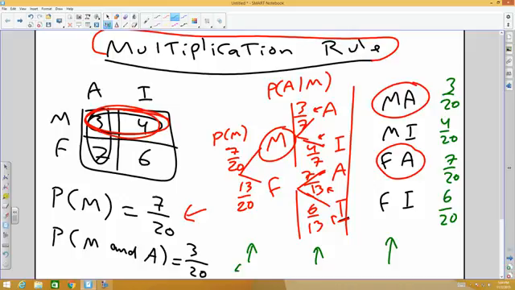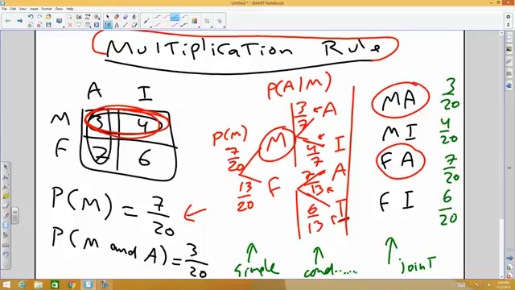So this is always simple, this is conditional, maybe all of them conditional if I have more stages, but the last one will be the joint probability, which is the AND probability. This is the structure of a tree diagram, always like that. Start simple, after that conditional, finally you have the joint or the AND probability.